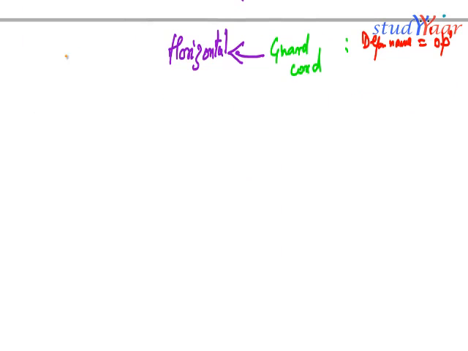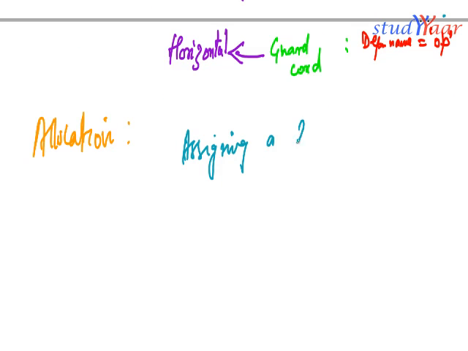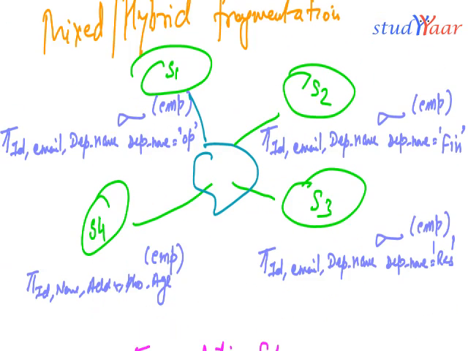Now let's look at allocation. What is allocation? Allocation is assigning a fragment to a location. Let's suppose I call this fragment F1, this fragment F2, this fragment F3, this fragment F4.